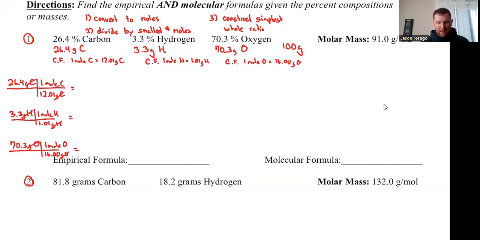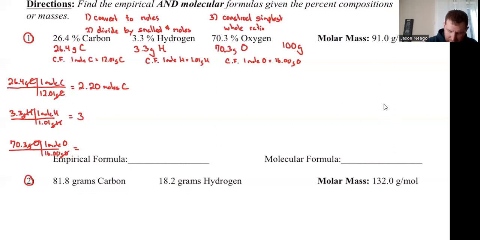So I'm going to go ahead and do my calculations. 26.4 divided by 12.01, and I get 2.198. So I'm going to round that to 2.20 moles of carbon. And 3.3 divided by 1.01 gives me 3.267.